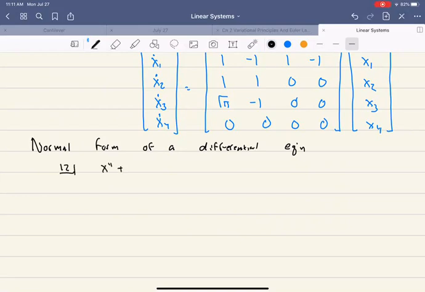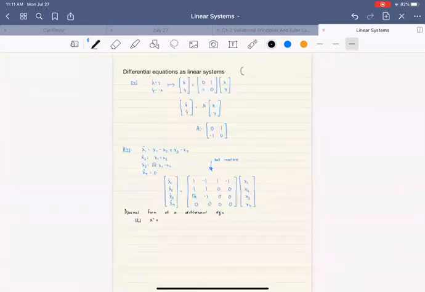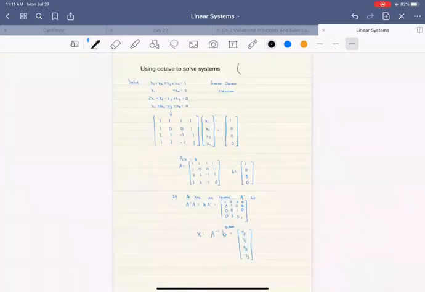By the way, I think these problems are from 9.1, or actually 9.4. This problem was from 9.2, I believe.